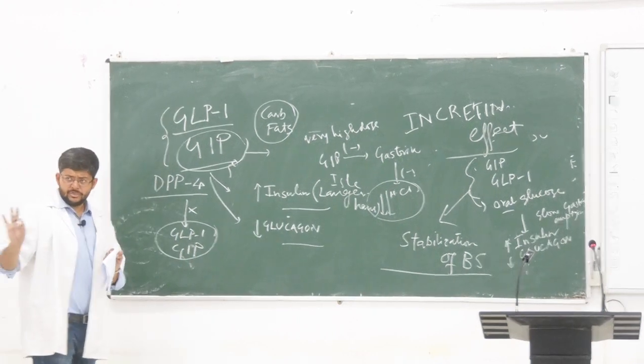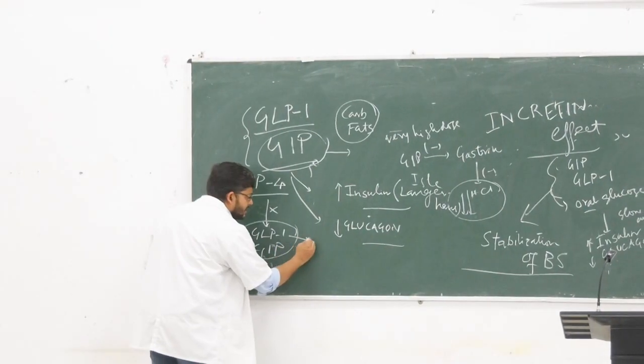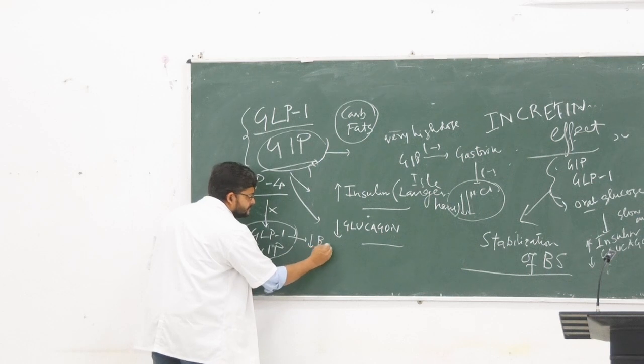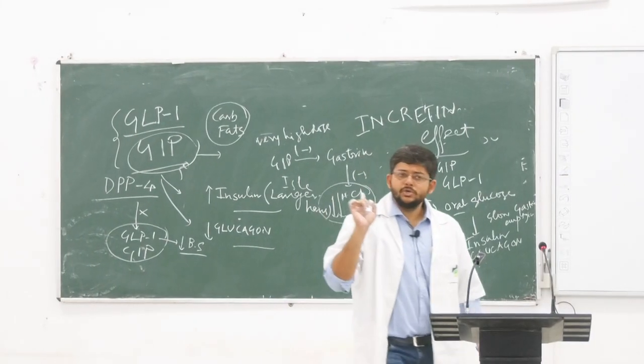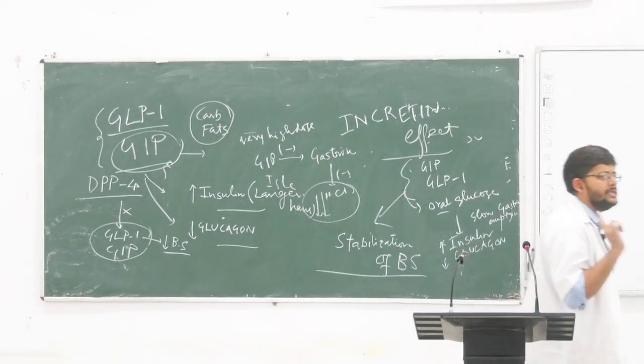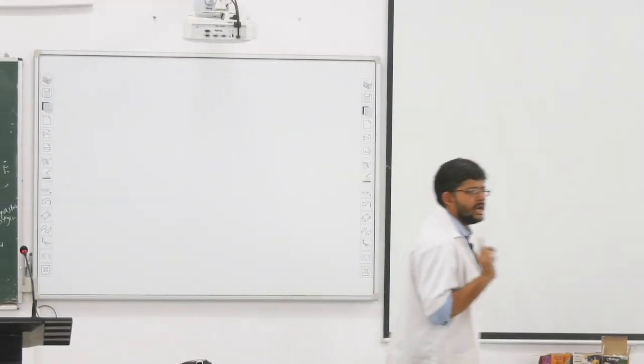What is the function of GLP1 and GIP? Reduction in blood sugar. Clear everybody? So far clear? Then if the enzyme DPP4 works, what will happen to blood sugar? It will go up. This is more than sufficient for you at this point.